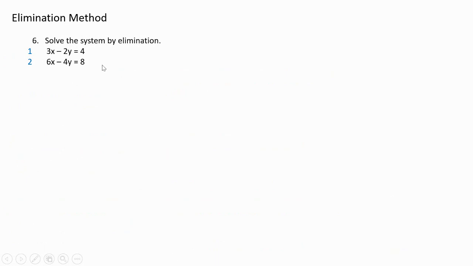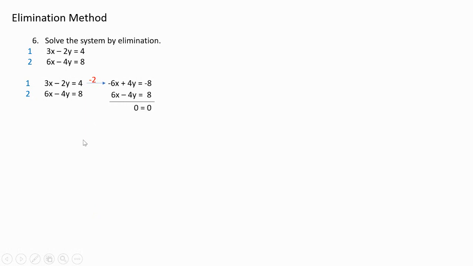So here, guys, I get rid of the x's. I need to multiply equation 1 by negative 2. Now, if I multiply negative 2 times 3x, negative 2 times negative 2y, and negative 2 times 4, this is the result. And then equation 2, we just bring it over.